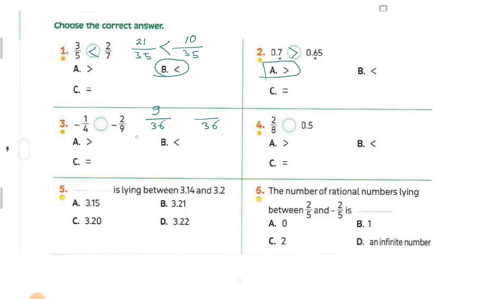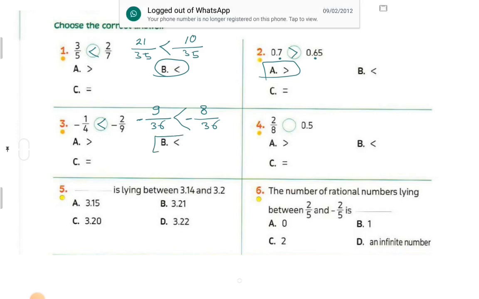Here we have 9 times 4, 2 times 4 equals 8. But here we have negative and negative. Without the negative, I would say that 9 is greater than 8. But with the negative sign, negative 8 is greater than negative 9. So choose B.